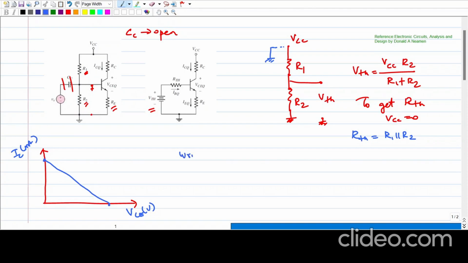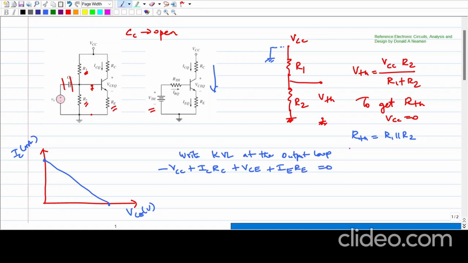For that, I write KVL at the output loop. So that is minus VCC plus ICRC plus VCE plus IERE, equal to 0.